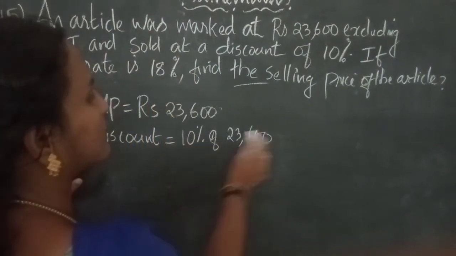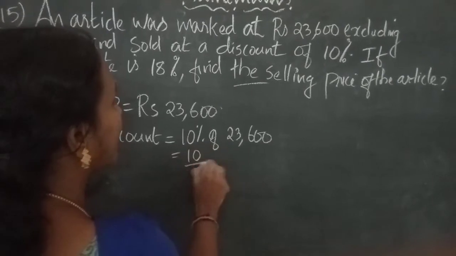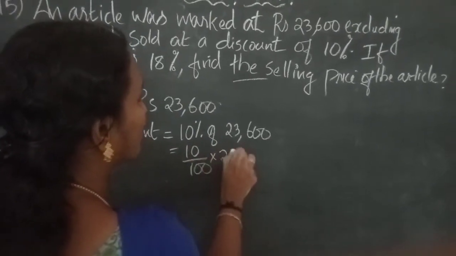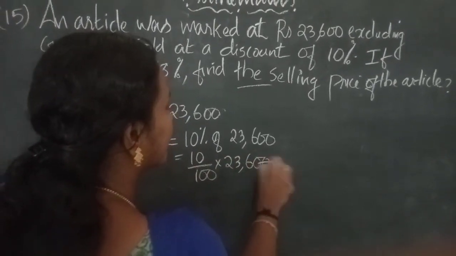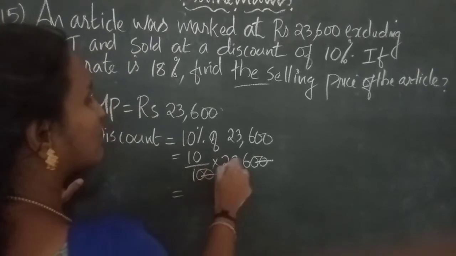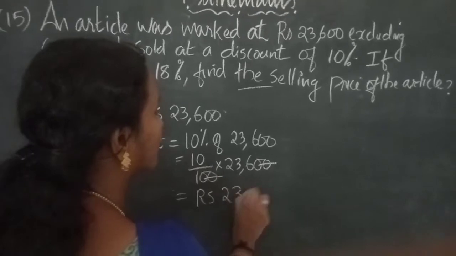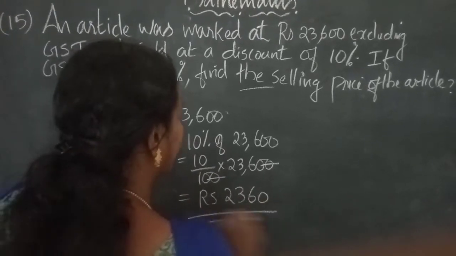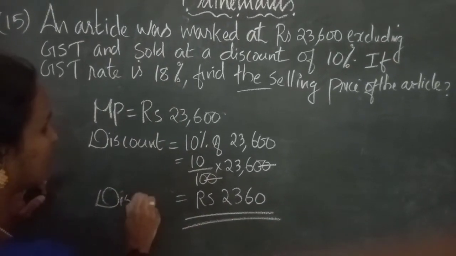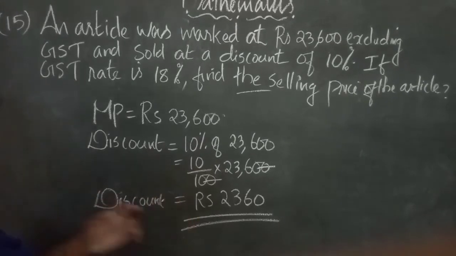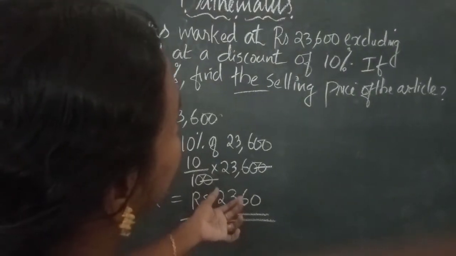So, 10% of 23,600. So, 10 by 100 into 23,600. 0, 0 cancel. So, 236 into 10. So, rupees 2,360. Discount is equal to rupees 2,360.